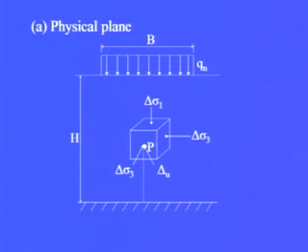Here, point P is considered in the consolidating layer of thickness H. At this point P, if we consider a differential element, then the stress conditions are delta sigma 1, delta sigma 3 and the pore water pressure delta U. If a load is applied of net load intensity Qn, the stress conditions at point P are as given below.